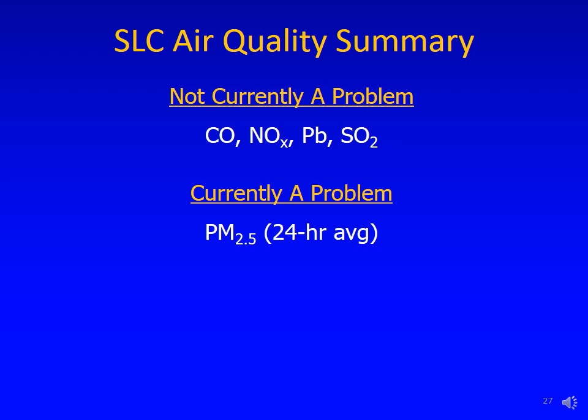PM 2.5 is known to be hazardous to human health. We've already talked about the impacts that it has on your lungs, the impacts that it has on your cardiovascular system, the impact that it has on causing strokes. It also has implications for preterm babies and gastrointestinal problems as well.